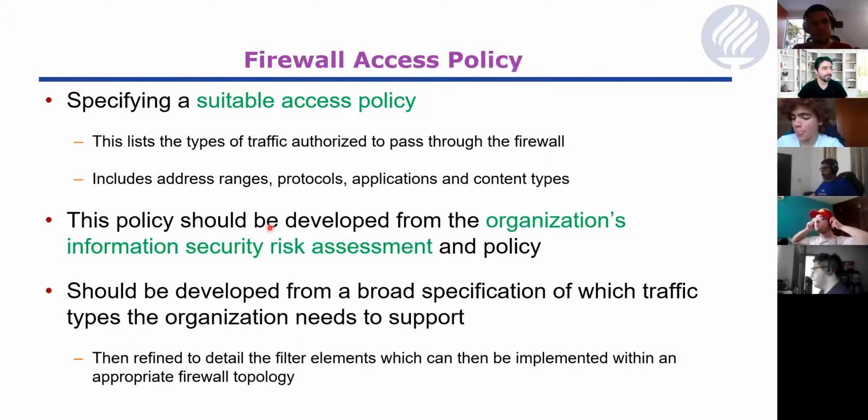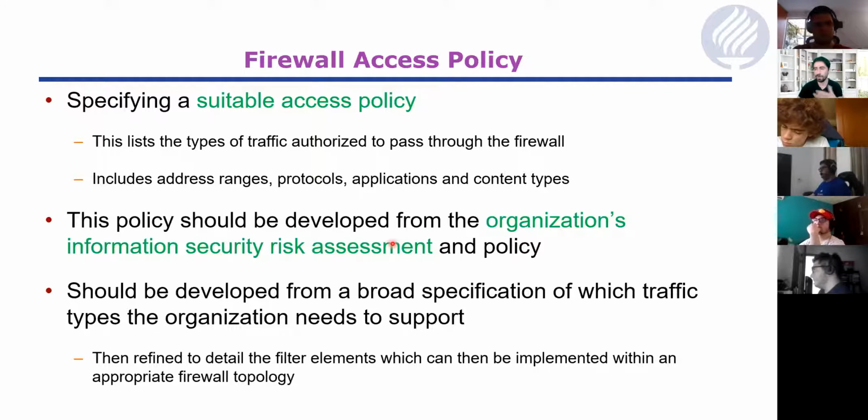So this policy should be developed from the organization's information security risk assessment and policy. Of course, it's very much dependent on the organization. Maybe a financial institution totally requires a different set of policies compared to educational institutions or medical institutions. So there are totally different requirements for each different type of organization.